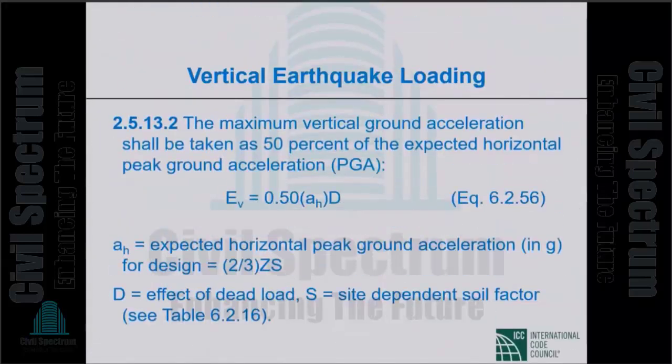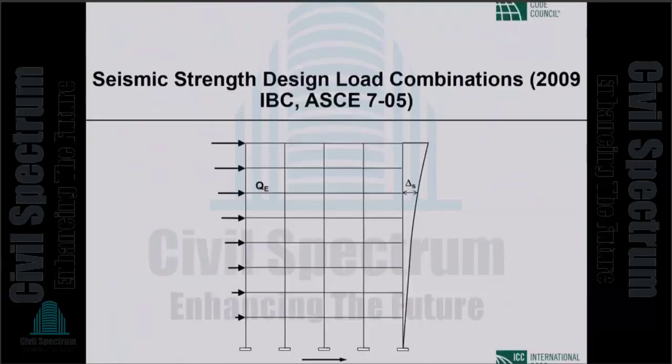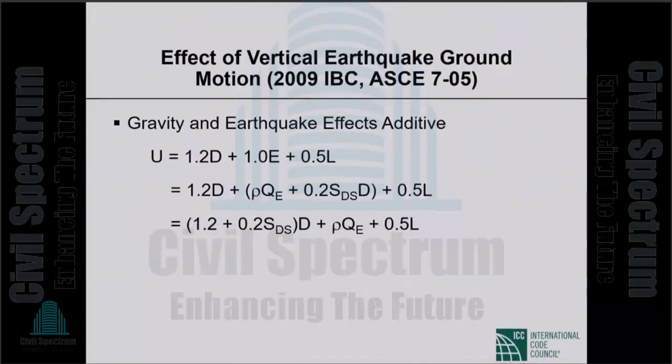B and BC exactly mirrors what is in the IBC, except that the vertical acceleration term is 0.5 times A sub h times d, and I'll explain that this is exactly equivalent to 0.2 S sub ds times d when I do my earthquake module with you. Okay, so what I described for the IBC is exactly the same in the BNBC.